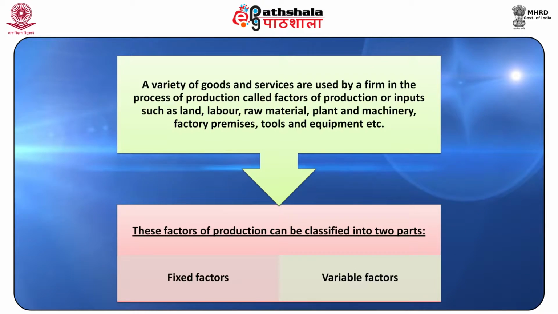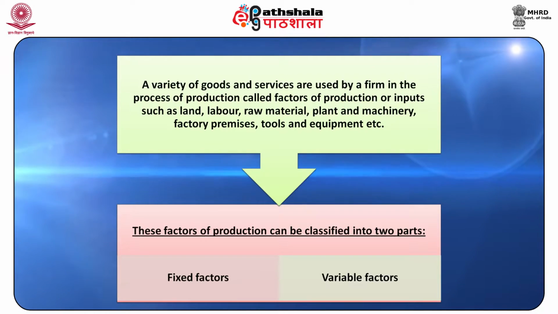First, fixed factors. Second, variable factors. A fixed factor is one whose quantity remains the same irrespective of the level of output. Its quantity cannot be readily changed in the short run. On the other hand, a variable factor is one whose quantity changes with the changes in the level of output. In the short run, a larger quantity can be employed by the users of such factors.